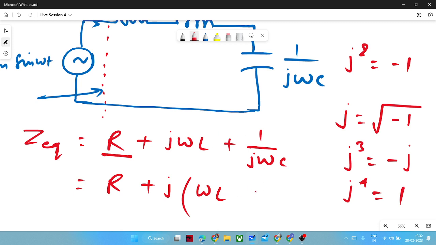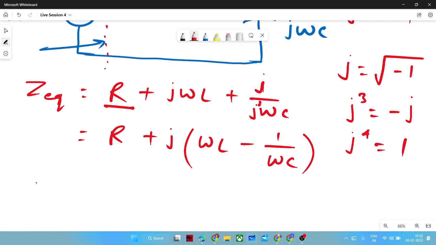So now you can write J into J square. If you take J common, 1 minus 1 by omega. See how I manipulated. I needed one j in common, so I have to multiply one j at the denominator, and j square will come out to be minus 1, so omega L minus 1 by omega C.